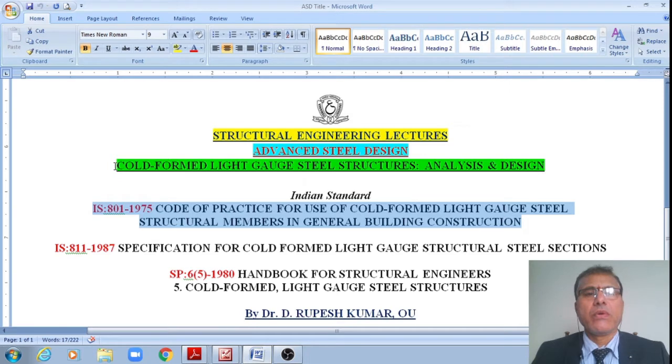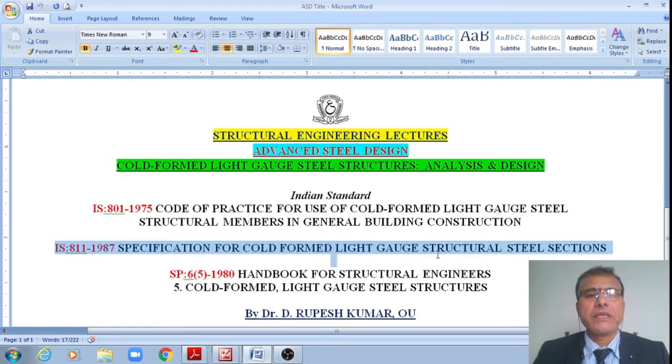We are discussing the cold formed light gauge steel structures, analysis and designs. As per the IS 801 1975 Code of Practice for use of cold formed light gauge steel structural members in general building and construction, as well as IS 811 1987, the specifications for cold formed light gauge structural steel sections.